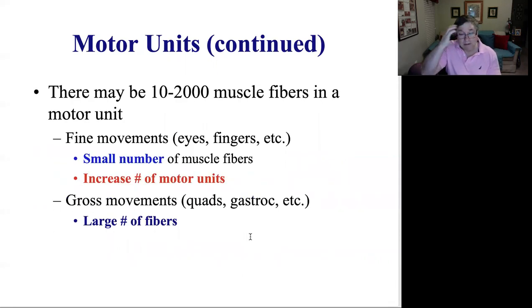And again, muscles that have a small number of muscle fibers per motor unit are there for fine tuning. So again, ocular muscles, muscles that control finger movement, etc., where you need, in fact, your fingers, the dexterity in them is unbelievable. You can have these incredibly small deviations in pressure and movement, and you're able to feel this.